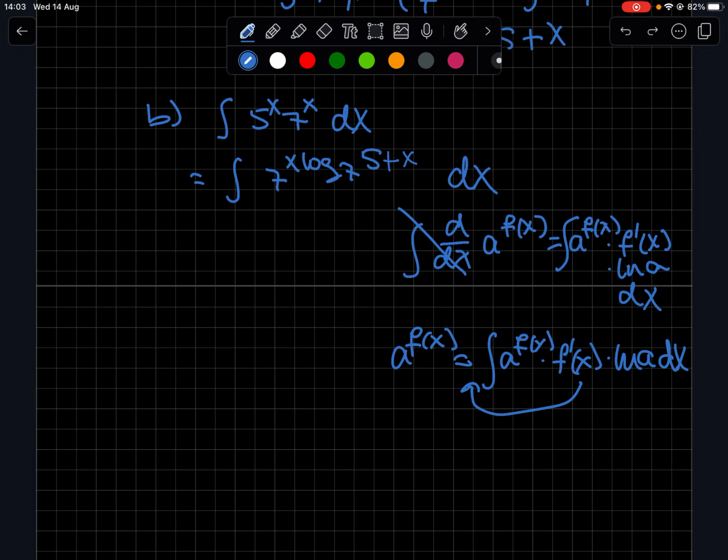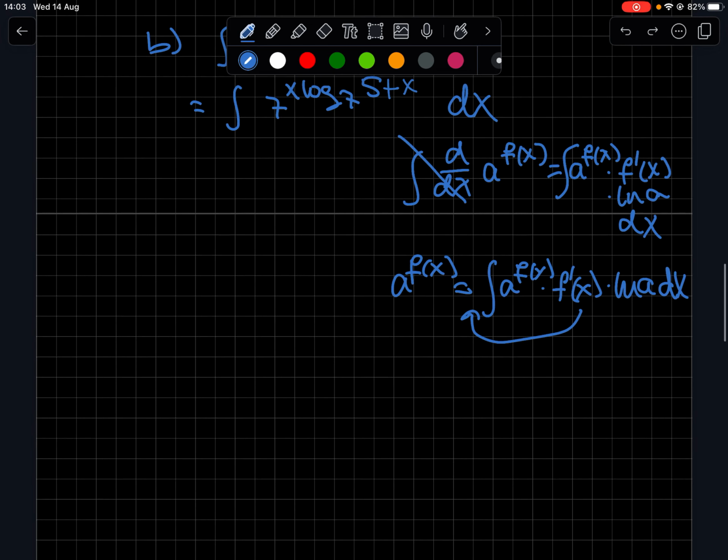And if it is, the ln of a is also constant, so what we can do is pull those outside of the integral. We get a to the power of f of x equals, sorry, f dashed of x times ln a times the integral of a to the power of f of x dx.